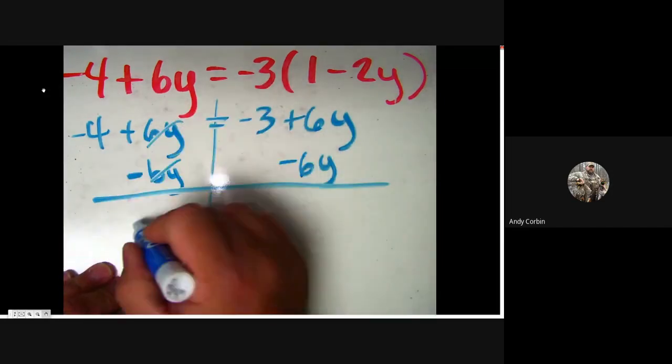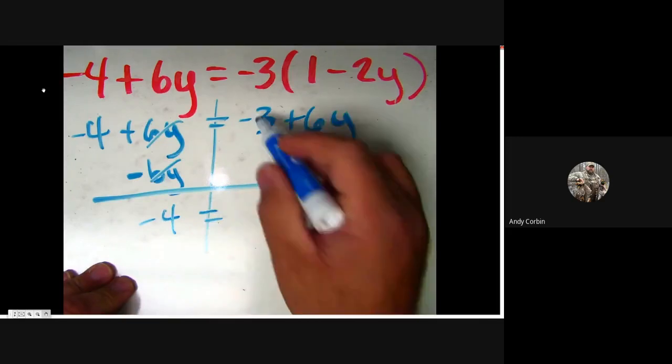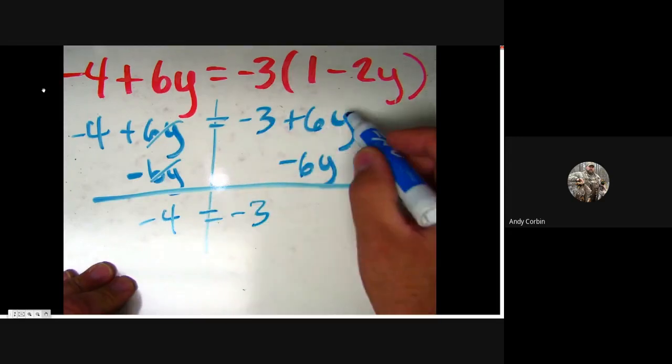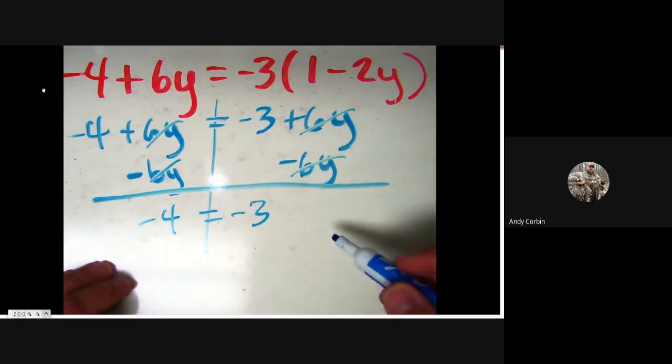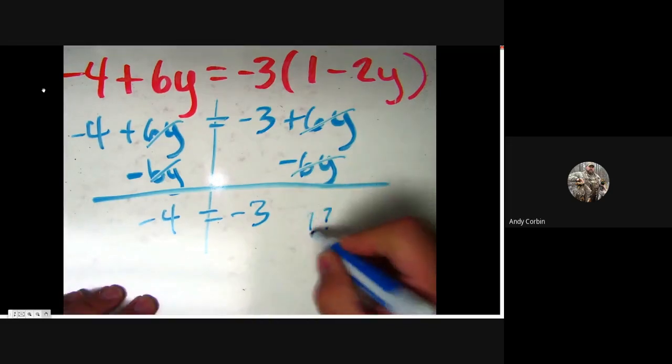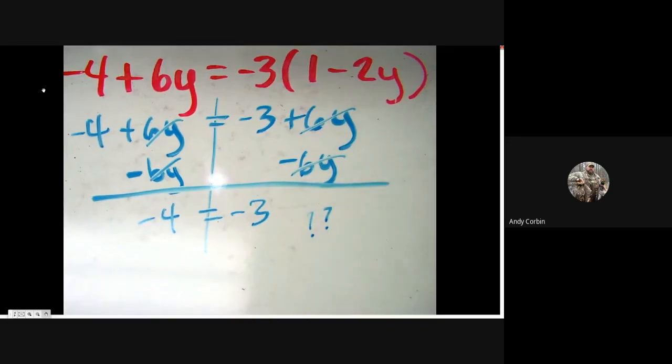I bring down negative 4. Bring down the negative 3. Oh, look what happened. Those are additive inverses too. So what just happened? Identity problem.